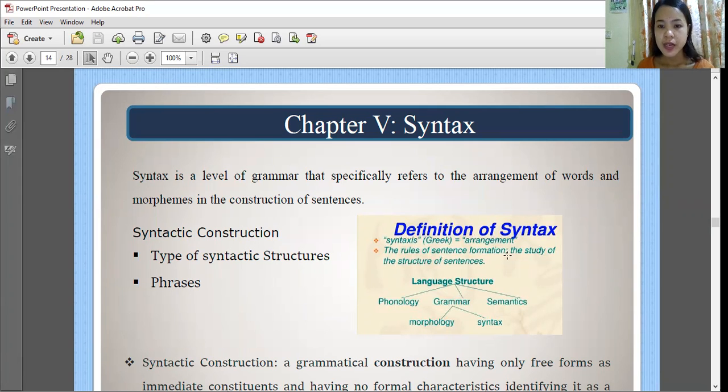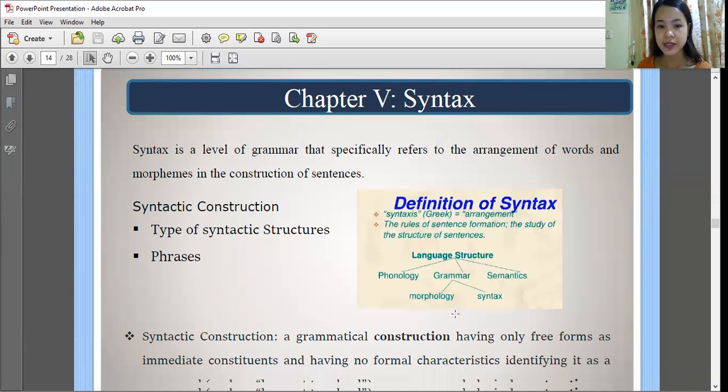Here is syntax, that is the rules of sentence formation, the study of the structure of sentences. Here is language structure: history, phonology, grammar, and semantics. And grammar we divide into morphology and syntax.